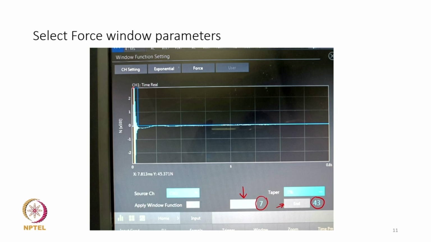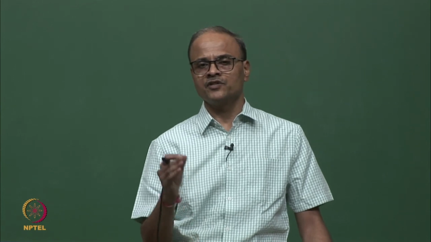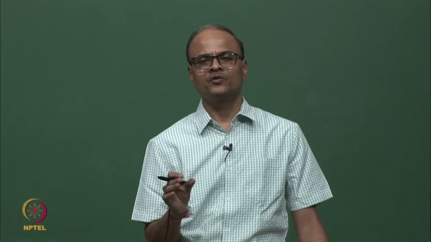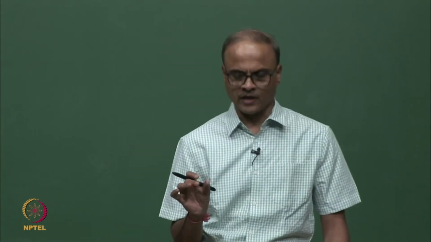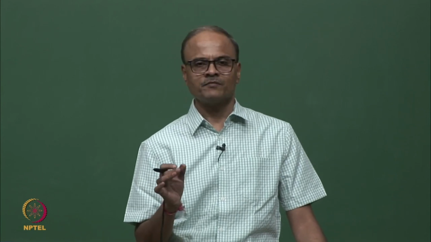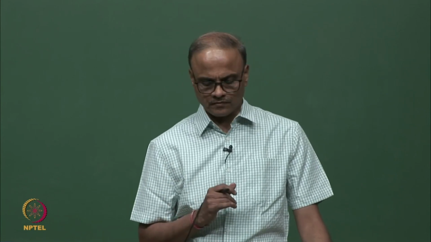You can see in the figure the blue rectangular kind of window, that is nothing but the force window. This has been chosen so that the impact that is being applied, the force pulse that is generated, should get covered in this narrow rectangular portion of the window. That is basically the idea.